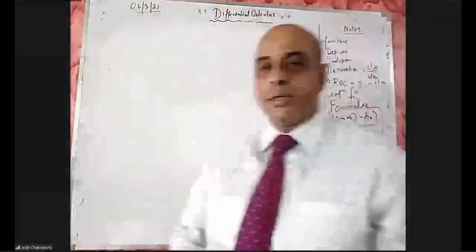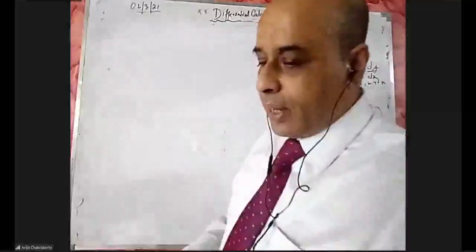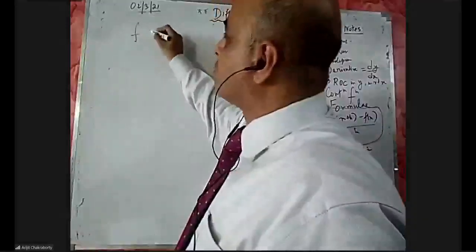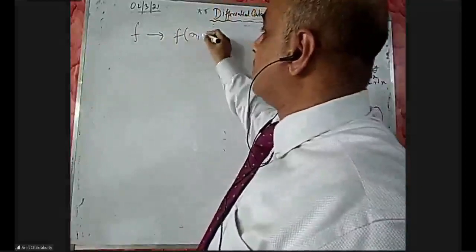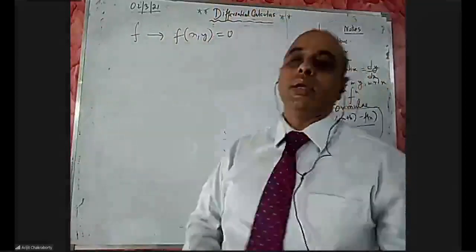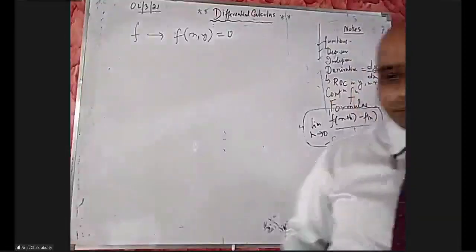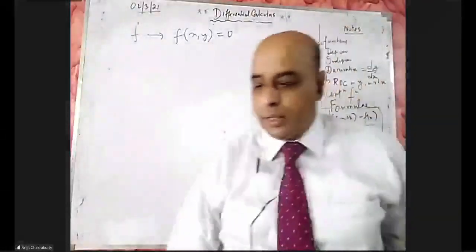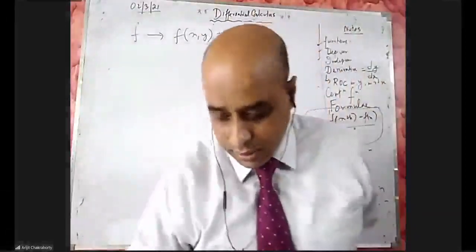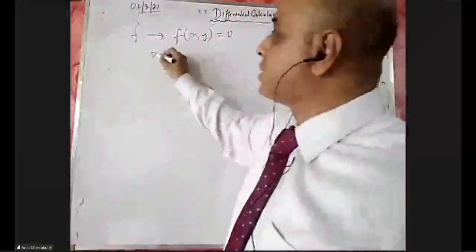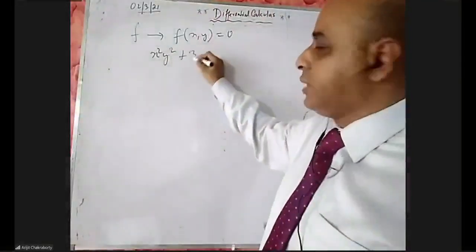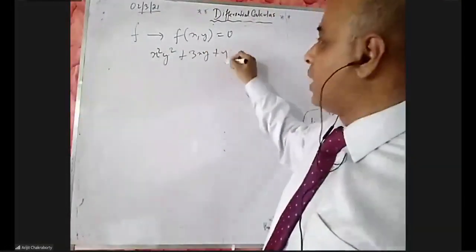Now, implicit function. An example is given that if a function is of the form f(x, y) equal to 0, then it is called an implicit function. Okay, so x and y together. Now, I'm giving an example. Let's take a very common example: x square y square plus 3xy plus y equal to 0.